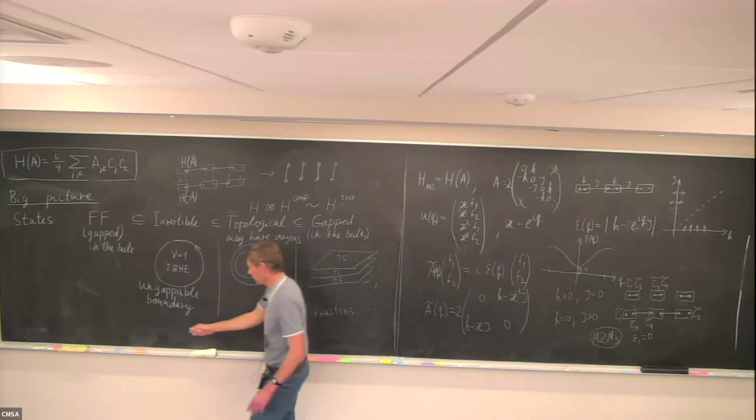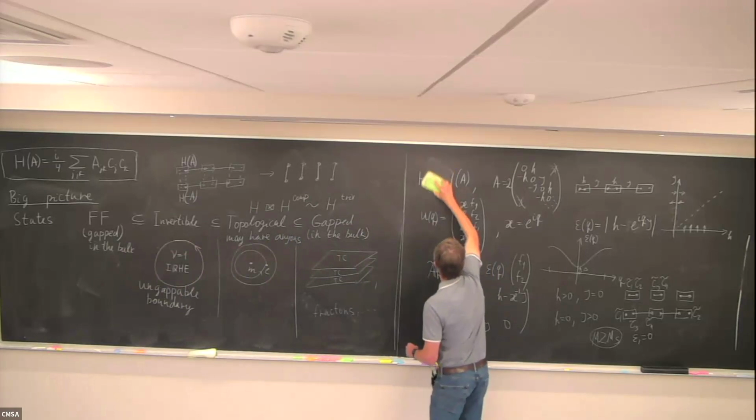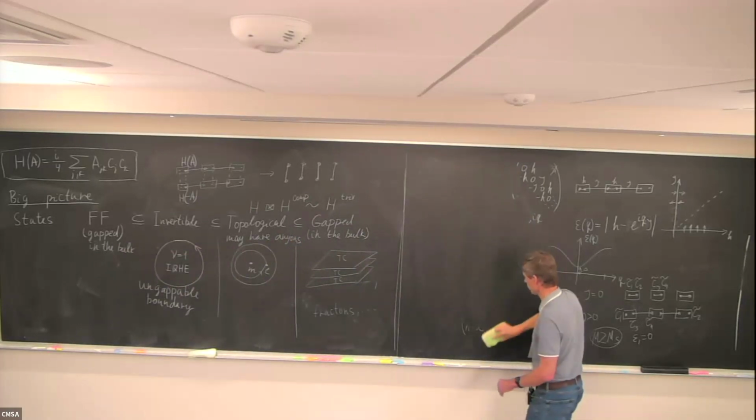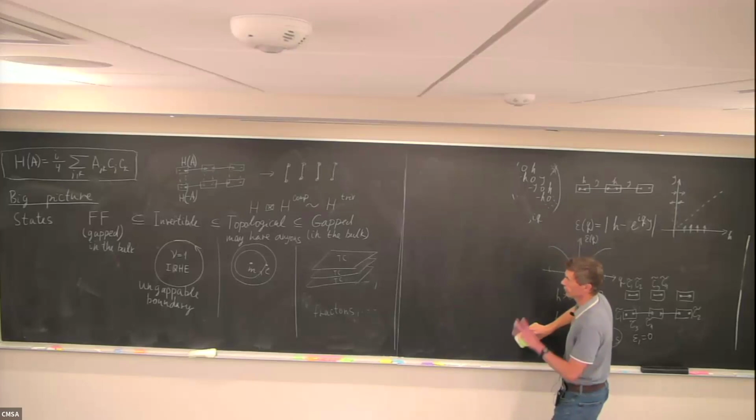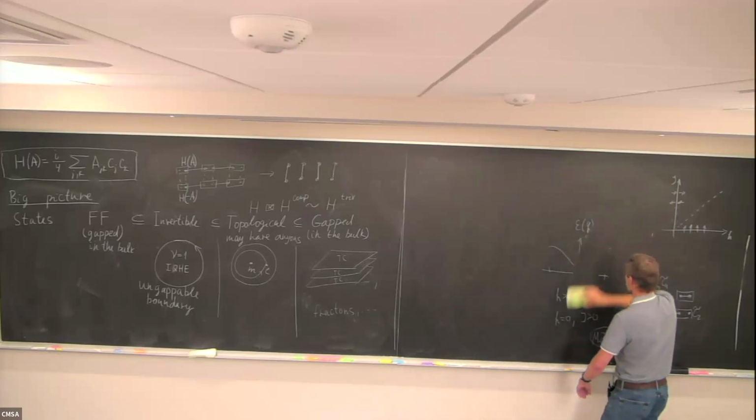Next, let me define invertibility. Invertibility will be defined first in dimension 0, where we don't have to care about boundary modes and locality, and then I'll introduce locality.